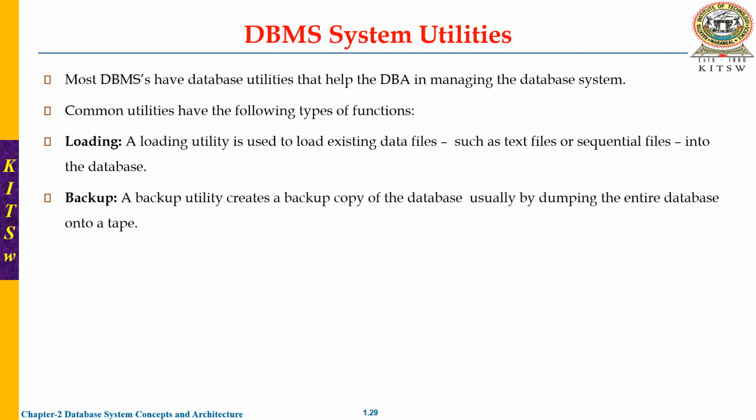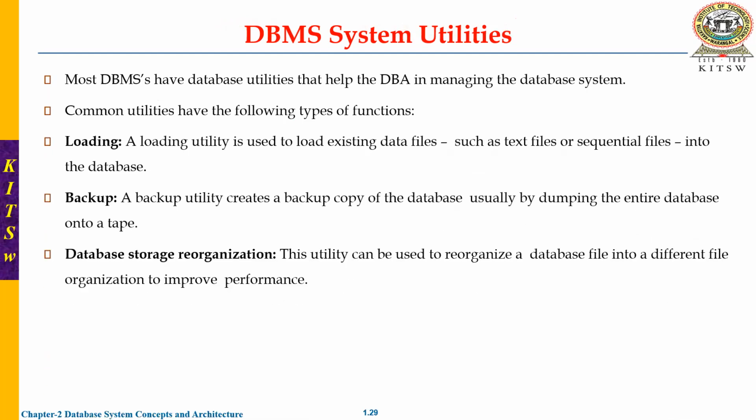The first ones are loading, backup, and database storage reorganization. What is loading? A loading utility is used to load existing data files, such as text files or sequential files, into the database. Backup. A backup utility creates a backup copy of the database, usually by dumping the entire database onto a tape.